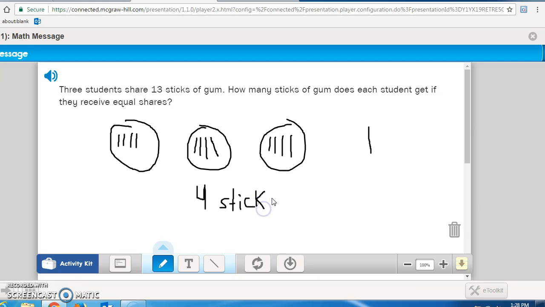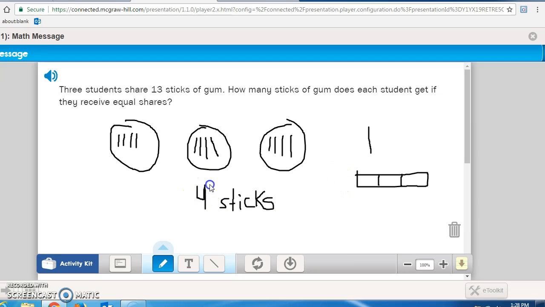And I'm just going to write sticks so I don't take up your time. What am I going to do with that 1 stick that's left over? Well, it kind of depends on what we're going to do with it. Should we ignore it? You know what? We're not going to ignore it, because if I draw a stick of gum and get out a ruler, I could actually break that into 3 equal pieces, and I could give each student another third.